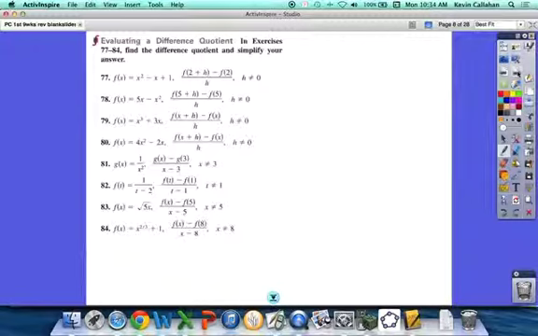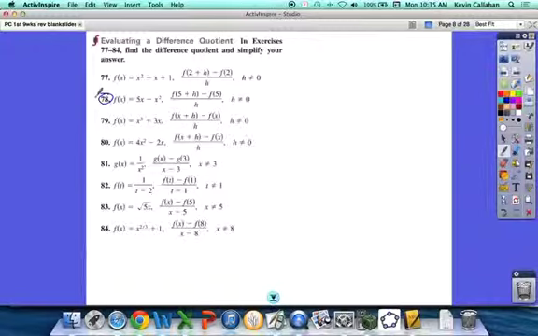I kind of think this one has a number involved. Let's say this one right here, number 78. Find f of 5 plus h minus f of 5 divided by h, right? The one thing that usually gives us the most trouble is how do you find this f of 5 plus h?